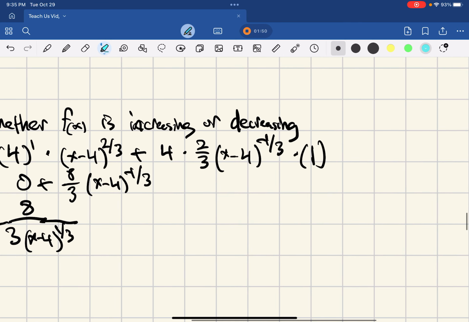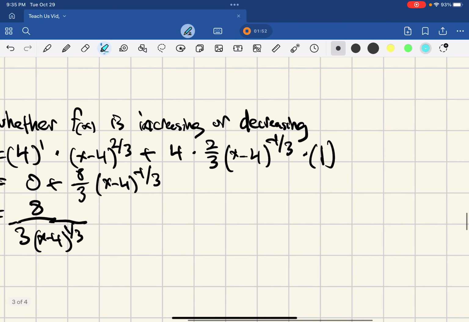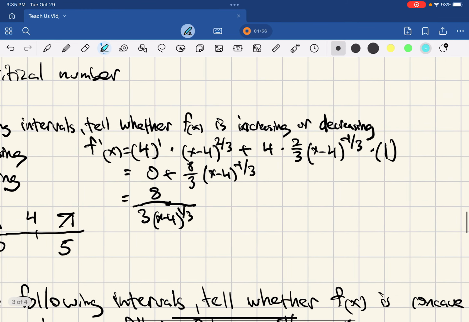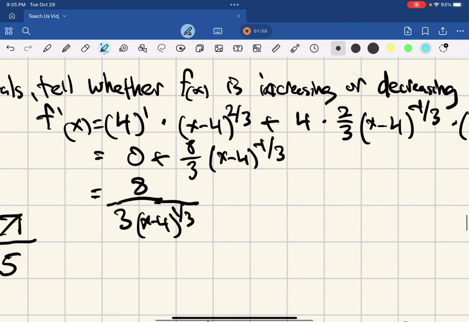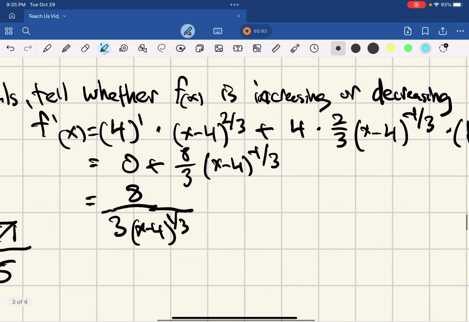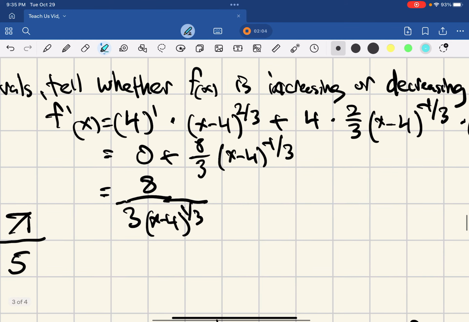We get this one from the derivative of x minus 4 when we're using the chain rule. And then we get 8 over 3 times (x minus 4) to the negative 1 over 3 power.